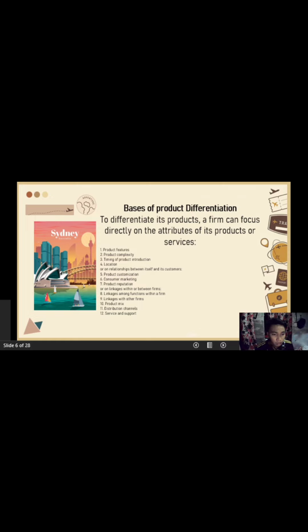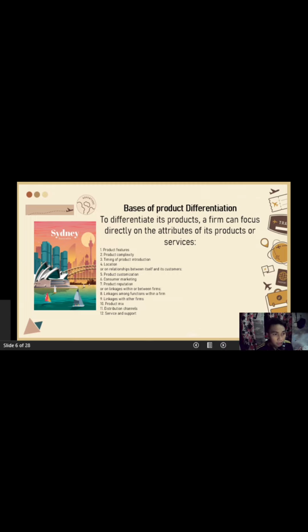So sabi nga sa chapter 2 na tinalakay nung mga nakaraan, if I'm not mistaken po, in some industry settings, the critical issue is to be a first mover to introduce a new product before all other firms. Yun po. So next is location. The physical location of a firm can also be a source of product differentiation.